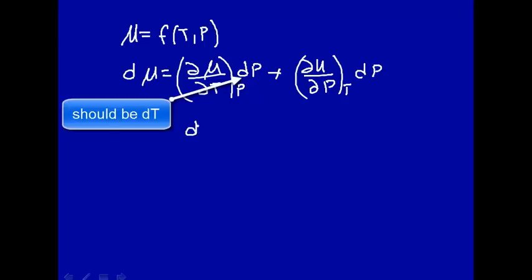Remember that mu was how G changes with number of moles at constant temperature and pressure. So let's go ahead and put that in here.